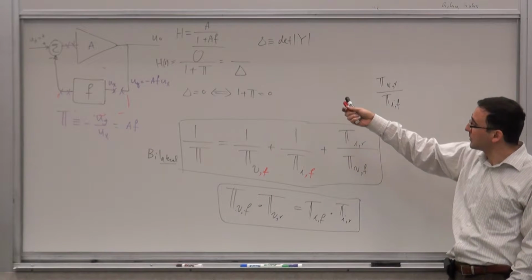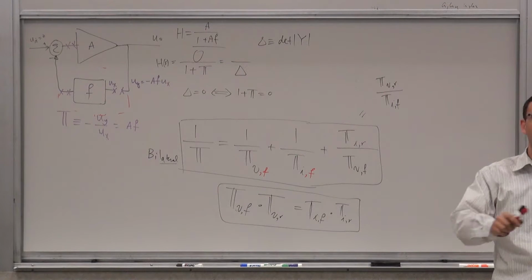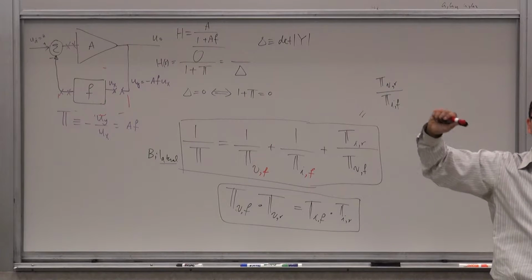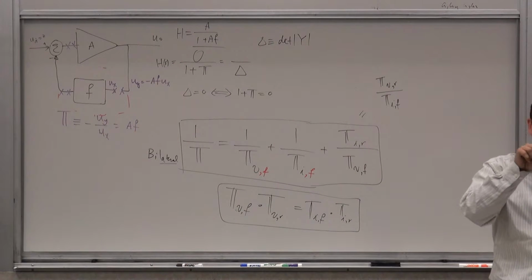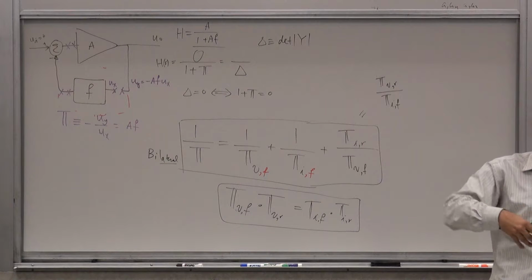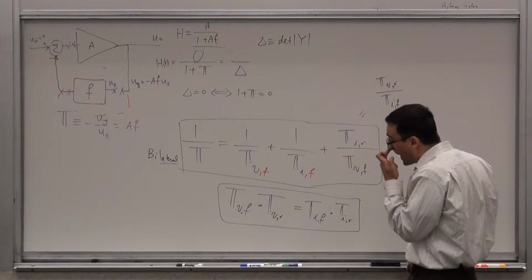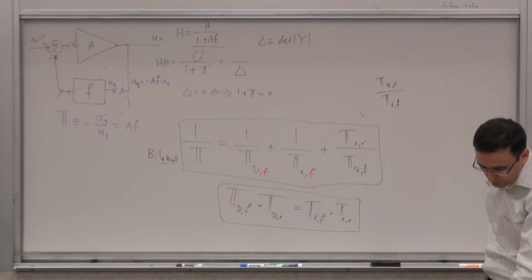These loop gain parameters, unlike the return ratio, are much more conducive to simulation because you can break the loop anywhere you want. It can be outside the transistor model, outside anything. It doesn't have to be exactly at the source of the transistor or where the dependent source is. So you find a convenient place where you can break it. So they're much easier to do in simulations as well. And you will do some of this in your homework problems.